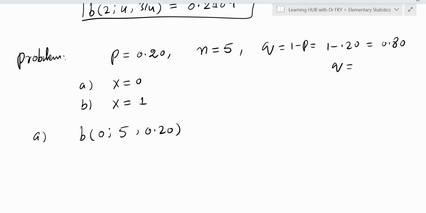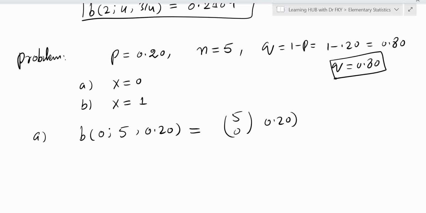So q is equal to 0.80. This means that now n combination x, 5 combination 0, is equal to 0.20 power x, x is equal to 0, and 0.80 power 5 minus 0.